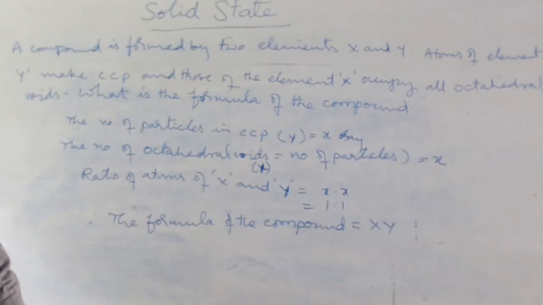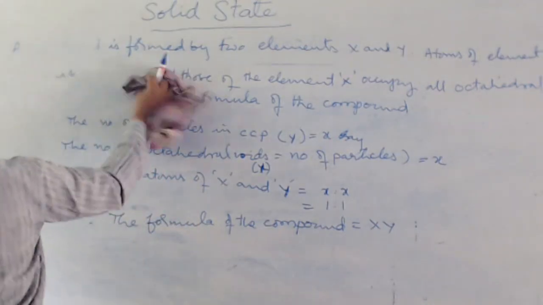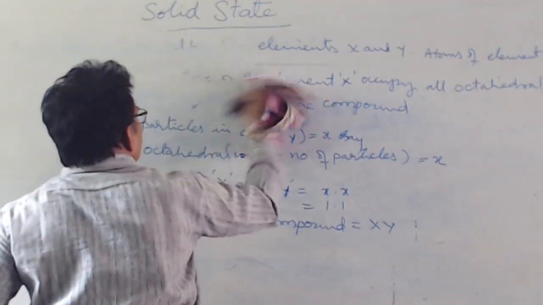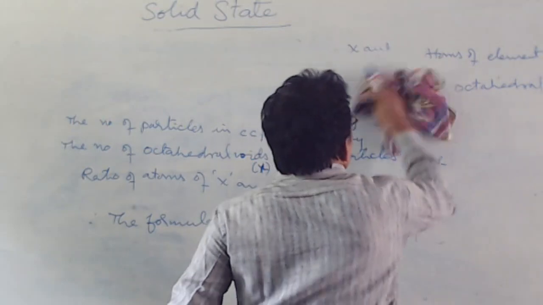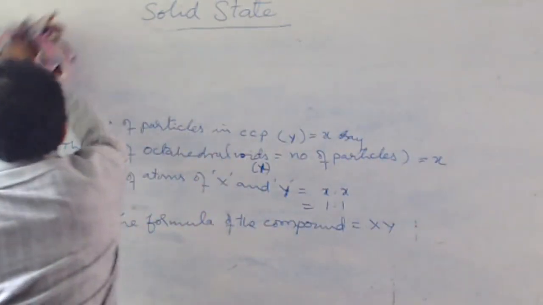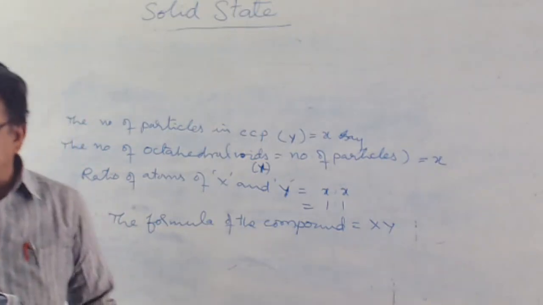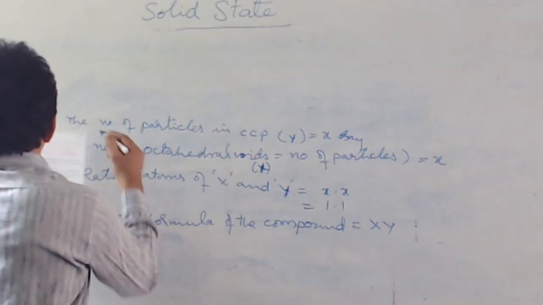Next. Another problem is given in the textbook. How to calculate the formula of a compound based on the number of particles in packing and the number of the voids occupied by the second type of particles.